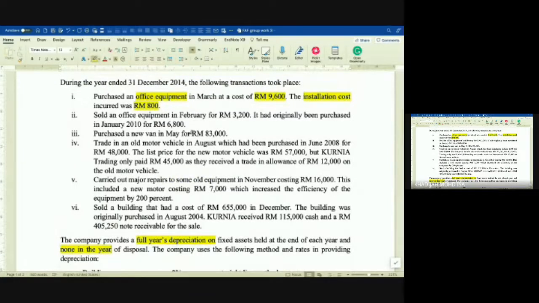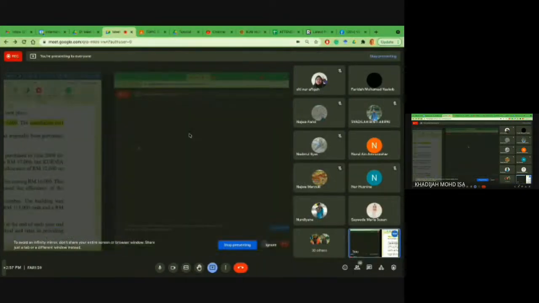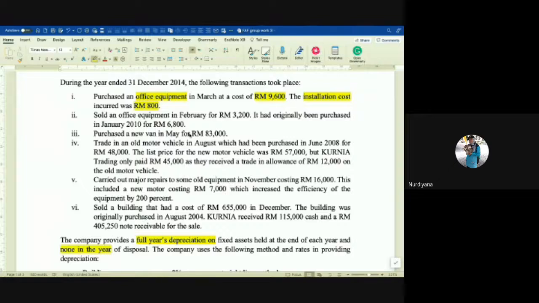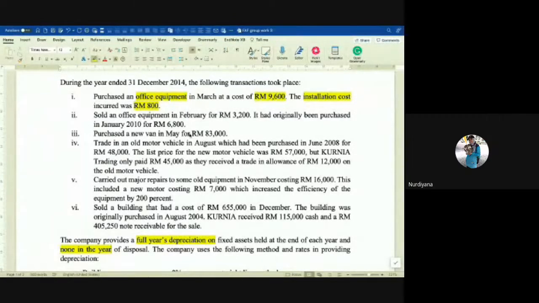So how much is the accumulated depreciation for the office equipment? Nurdiana. Yes, madam. Office equipment to be credited. For that, I just want to know what the accumulated depreciation is first.